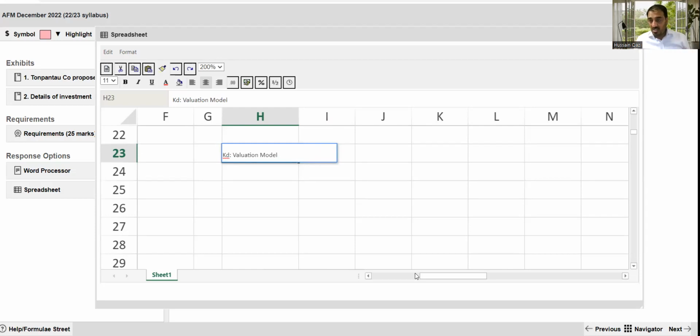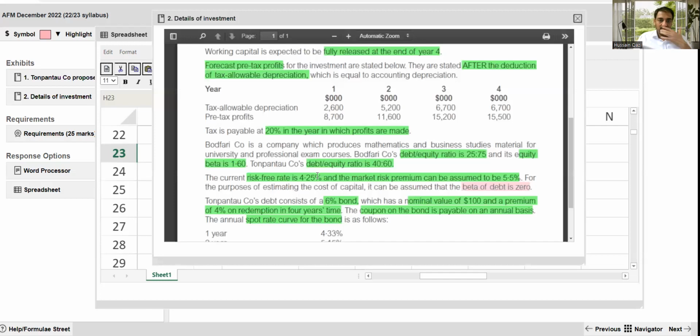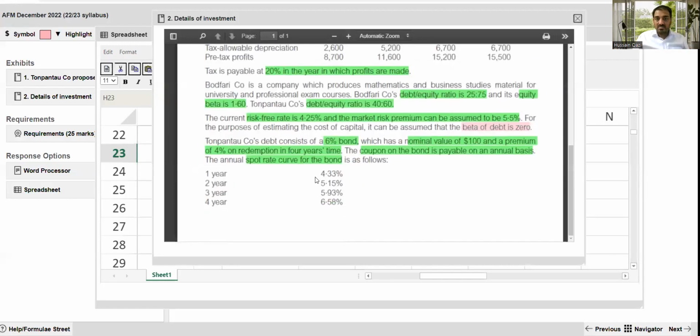For the valuation model, there are two possibilities of the debts: redeemable debts and irredeemable. But here the examiner mentioned the redemption in 4 years.